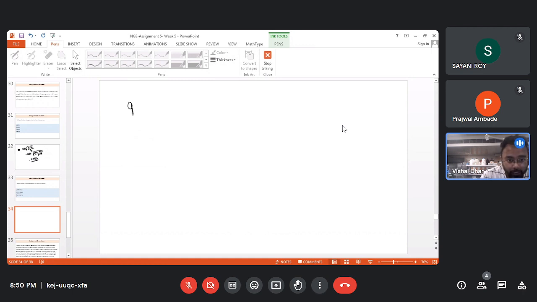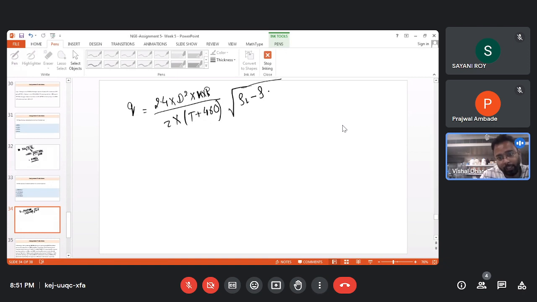The formula for gas capacity is equal to 2.4 into d square into k into p divided by z into p plus 460. We have already done one type of numerical like this today. So this is another: density of liquid minus density of gas divided by density of gas.